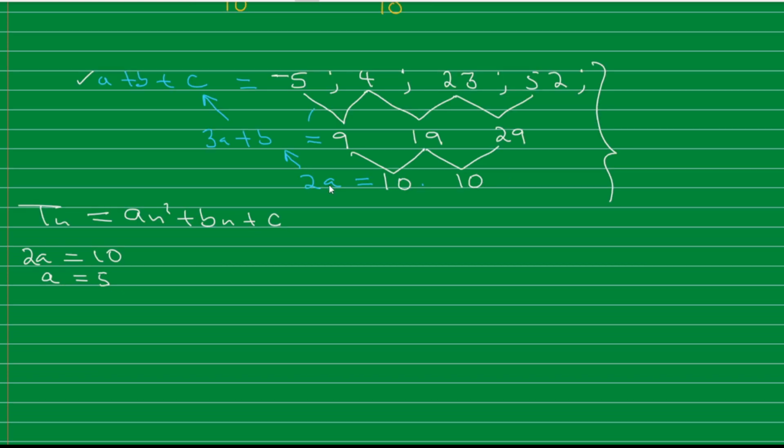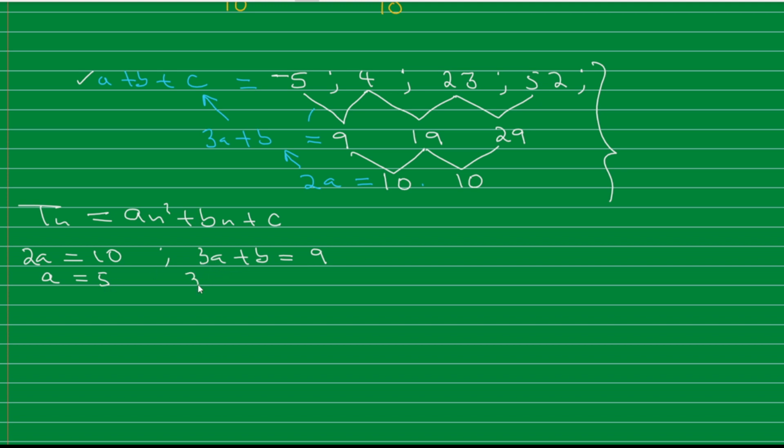We are going to work simultaneously now, working upward. After getting A, we go to the next step here, 3A plus B. So write again, 3A plus B is equal to 9, and our A, we got it is 5.